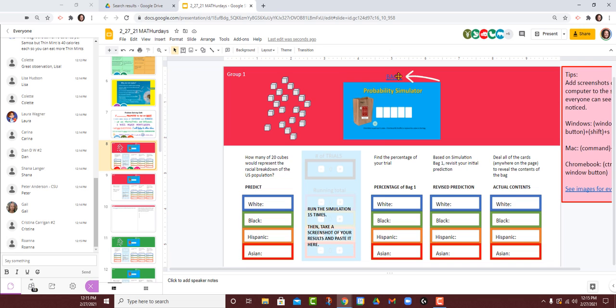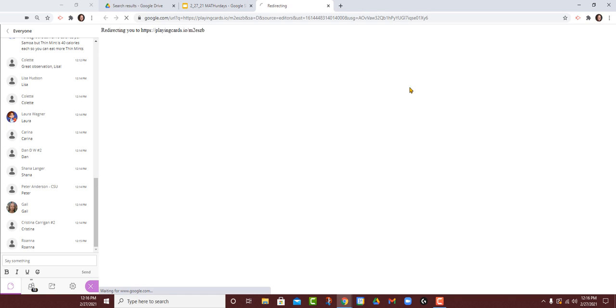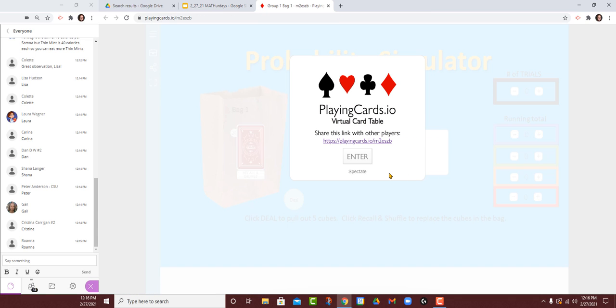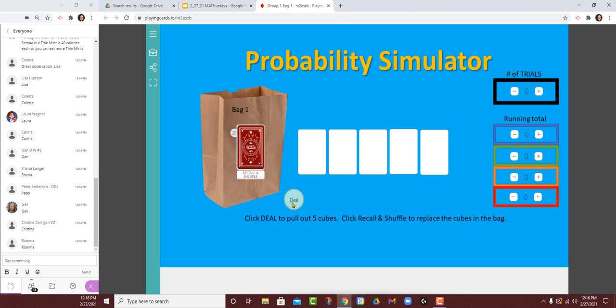And then what I've got for you is a probability simulator. So you're going to actually run this simulator. It's pretty cool. It'll take you to playingcards.io, and it will allow you to deal out some cards. And you'll notice the trials have gone up automatically, but you'll have to make your running total.